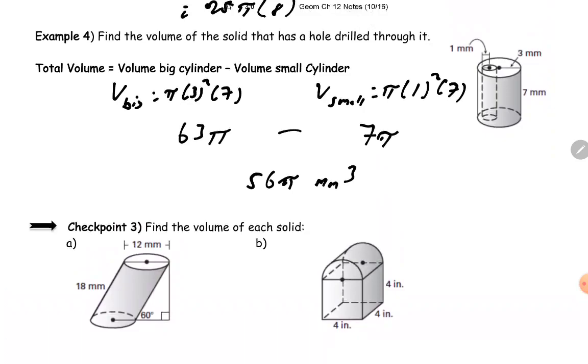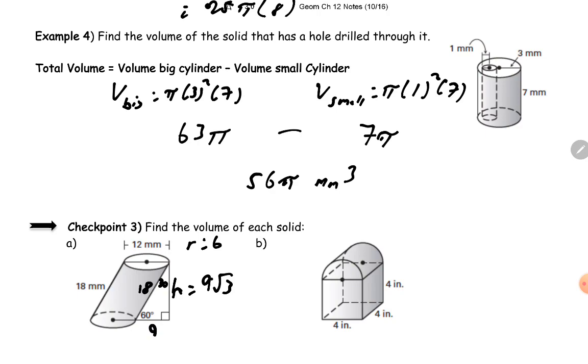Alright, let's do these. Okay, we have a diameter of 12, so my radius is 6. So they're trying to trick us here because they tell us that this is 18. We need the height of the cylinder. So to find that, we notice that this is a 30, 60, 90 triangle. So this value here would be 9, and this value would be 9 root 3.